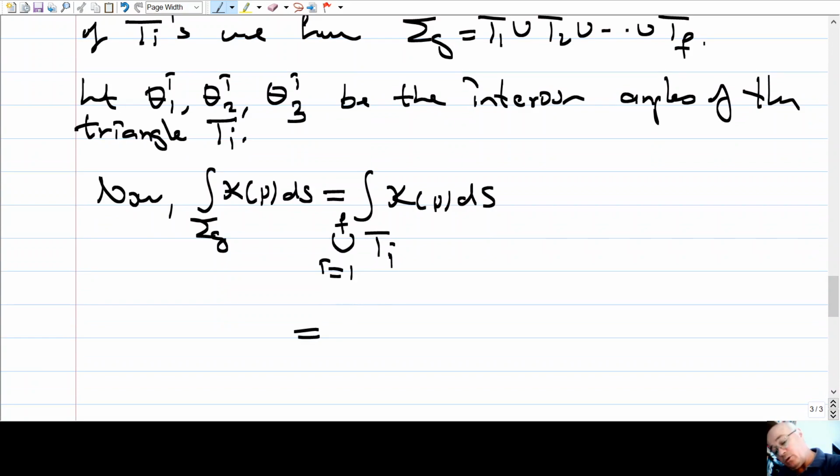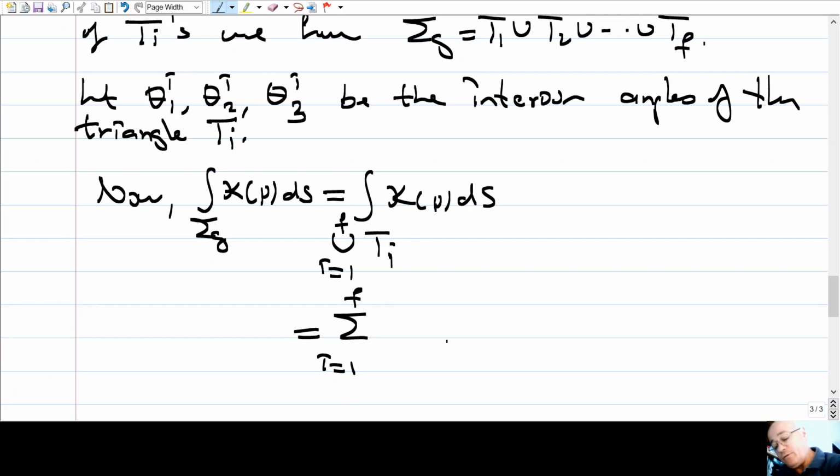This is equal to a summation, since the interiors of these triangles are disjoint, only on the boundary curves they intersect, and that doesn't make any change in integration, so I can consider them as disjoint.